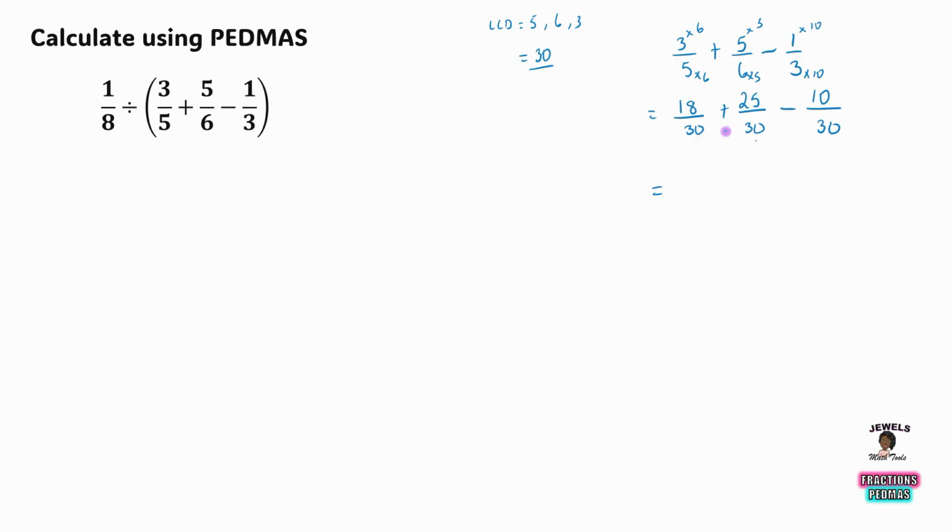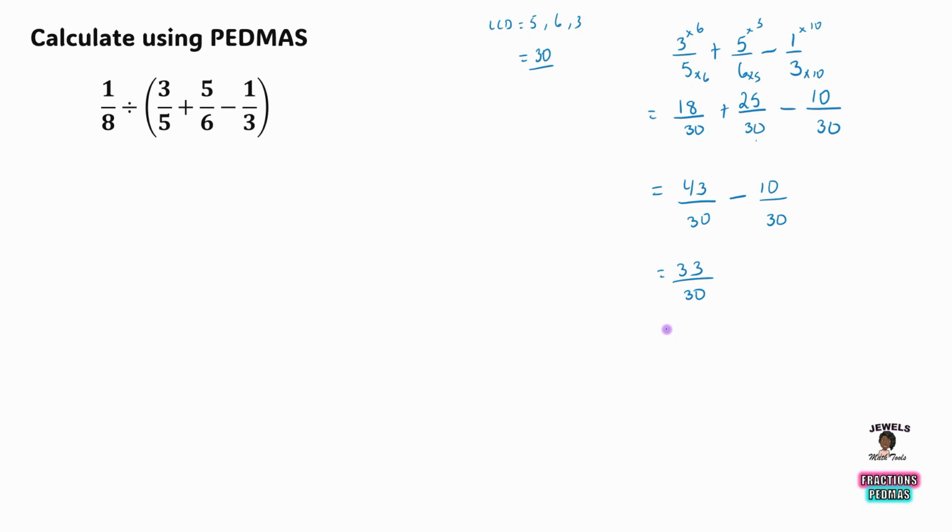Since my addition operation is first, I'm going to add 18 and 25, which will equal 43, and we're going to keep that denominator of 30. Then we'll subtract 10/30 from our 43, which will equal 33/30.